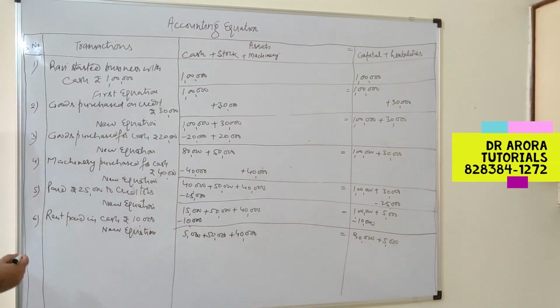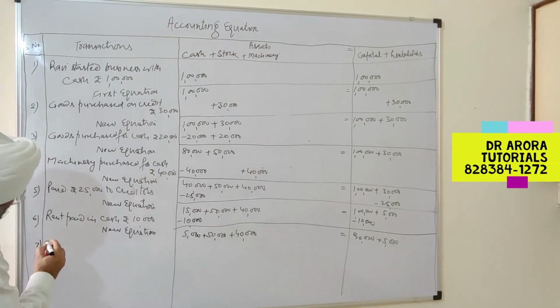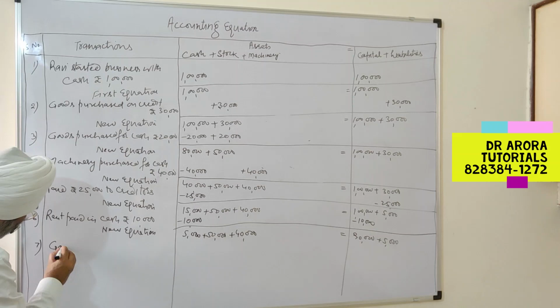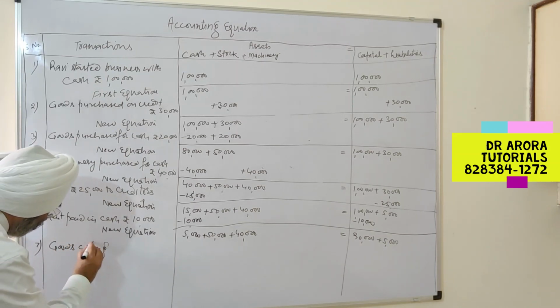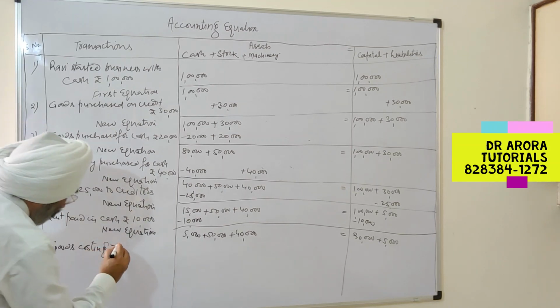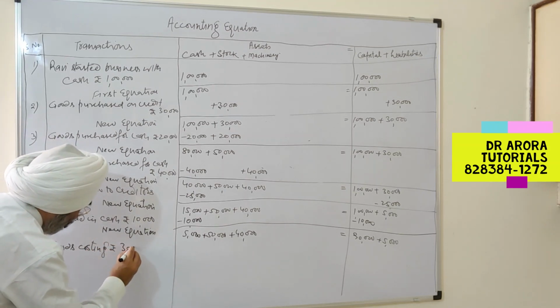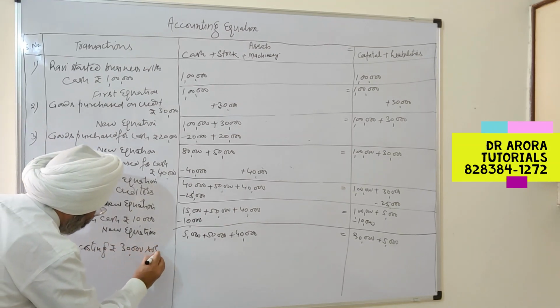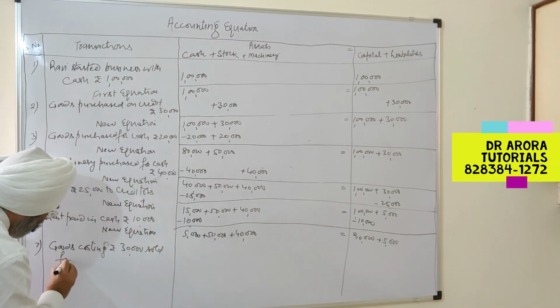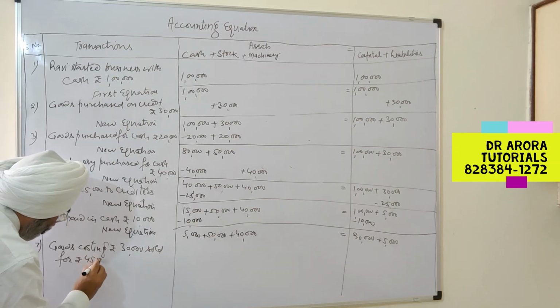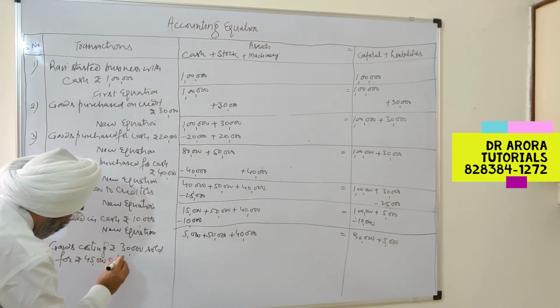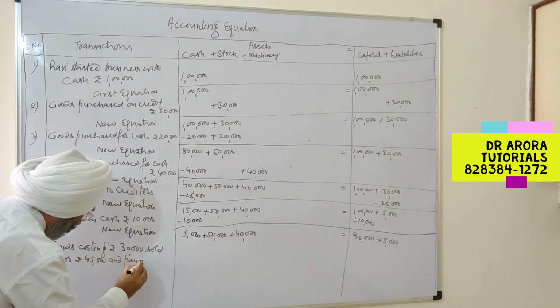And let's discuss one more item. Goods costing rupees 30,000 sold for rupees 45,000 and payment received by check.